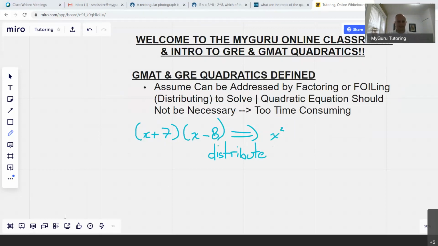Then what's the second? We got x. And so we're going to have the outside, which is going to give us minus 8x. That is correct. And then what's the third step going to be?